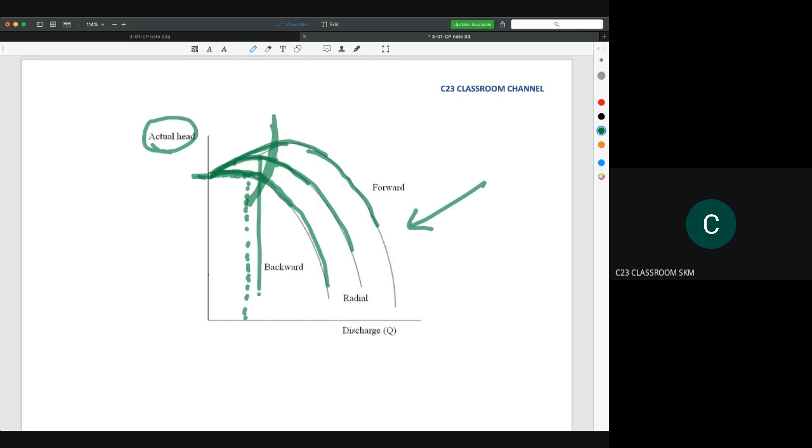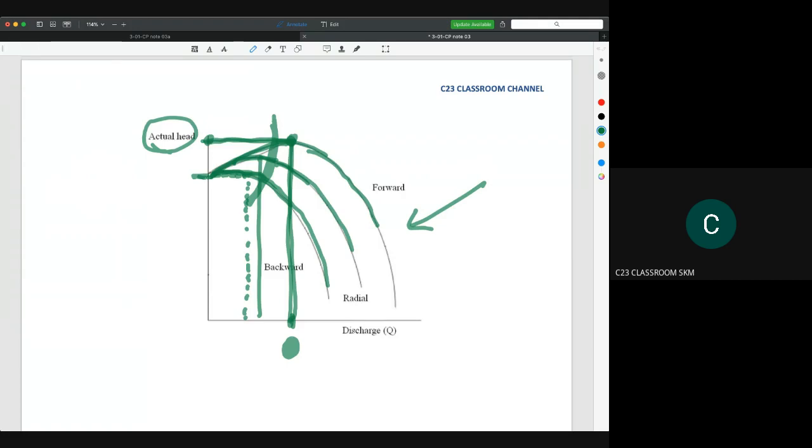For example, here and here. For the forward blade here, this is maybe the optimum point. So you need to set your pump at a certain value of discharge, and then it will give you the highest head that the pump could deliver. So you need to get that point.